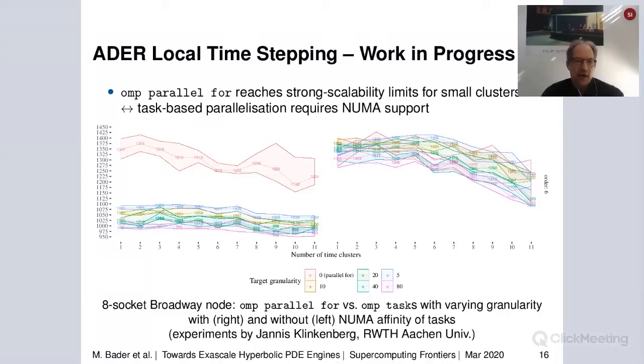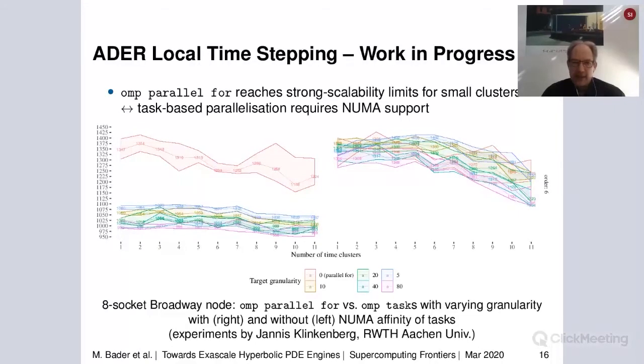So this is some late work on improving local time stepping. We are working on the shared memory parallelization particularly. And there, with the current parallelization on the clusters, we're reaching scalability limits if the clusters are small. So we're going for task-based parallelization.